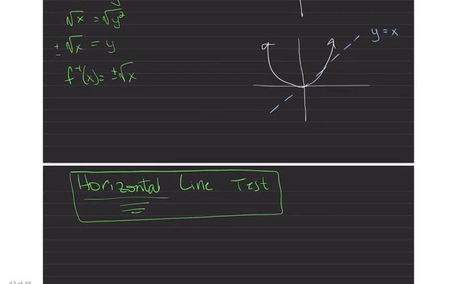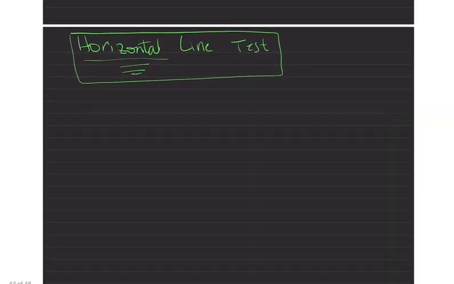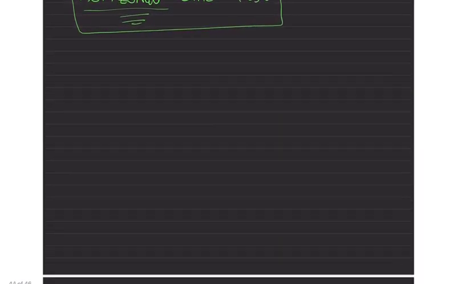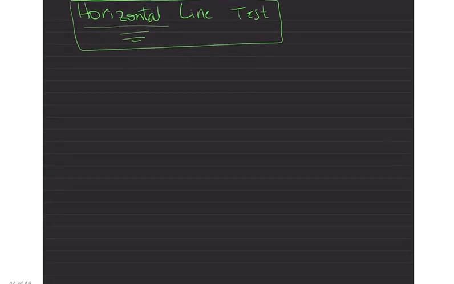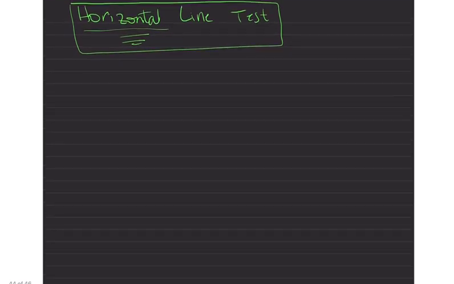So to test the horizontal line test, we start with the original function that they give us. So let's say we had a cute little graph. Okay. And I don't know, let's go with a line. Okay. And this is my f of x, my original, not my inverse, just the original function.